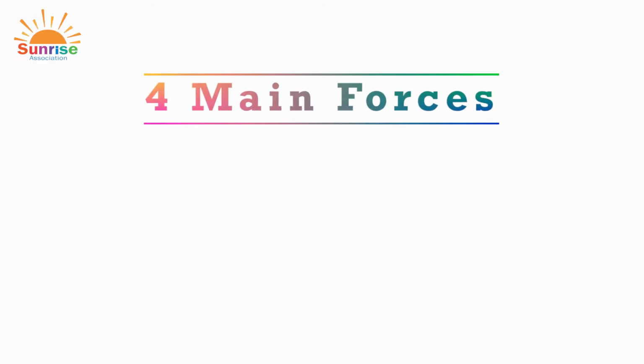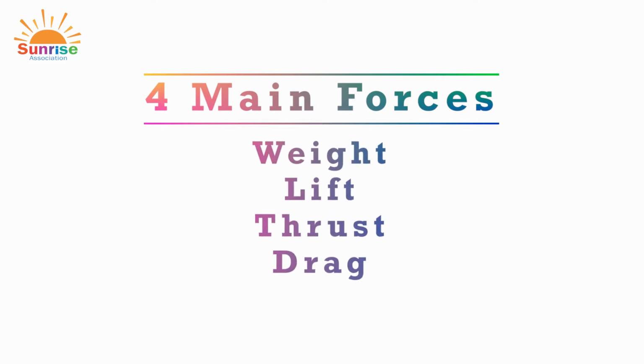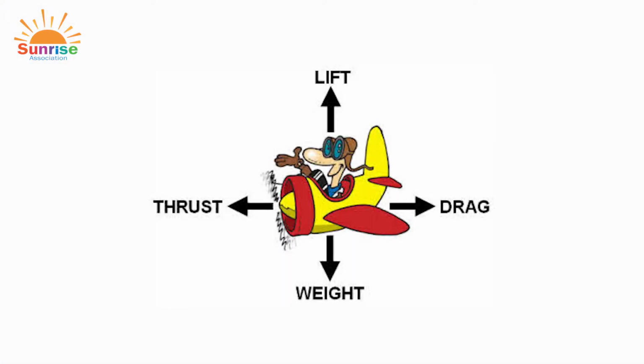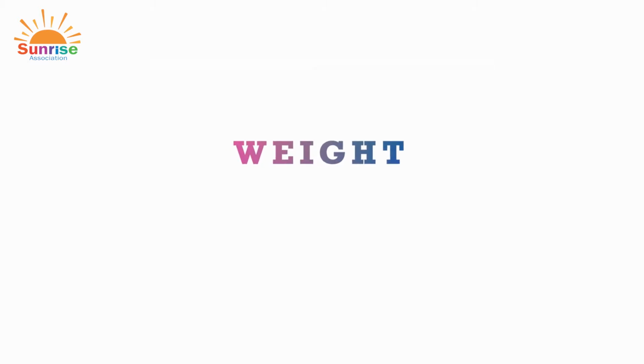There are 4 main forces that are responsible for planes being able to fly: weight, lift, thrust, and drag. These are the key components that generate the actual movement of the plane. Let's try to break this down into easier words. Think of weight, lift, thrust, and drag as 4 forces working in completely different directions. Weight is the force created by gravity and acts in a downward direction.